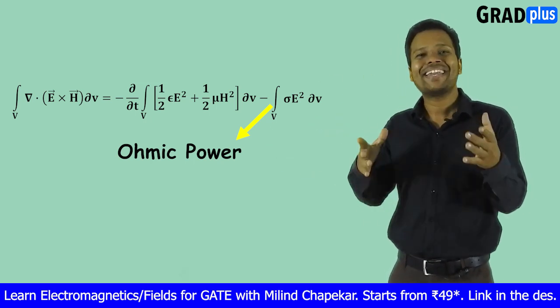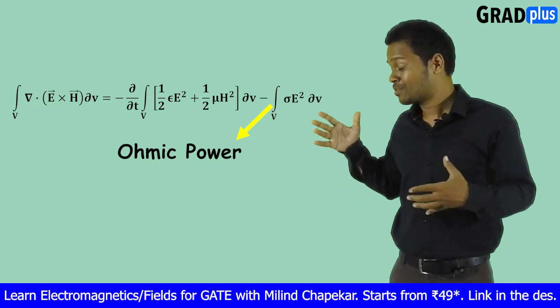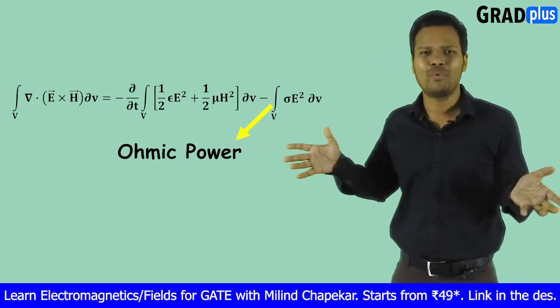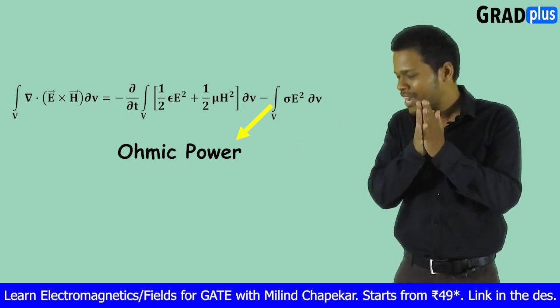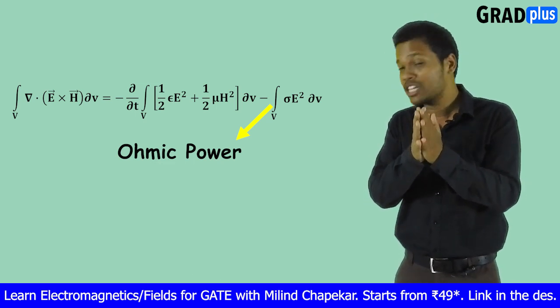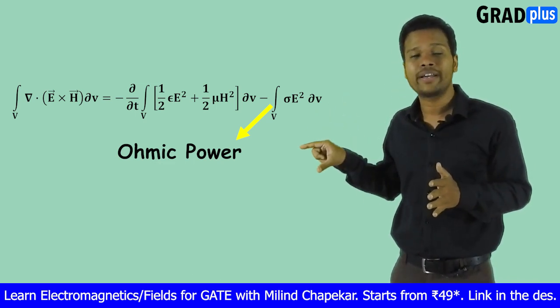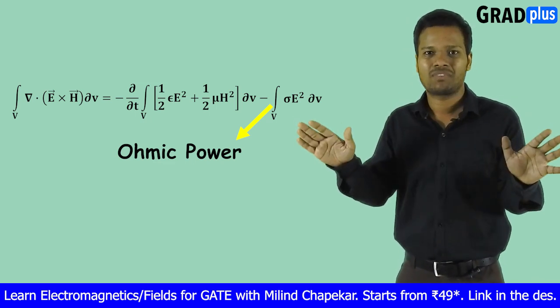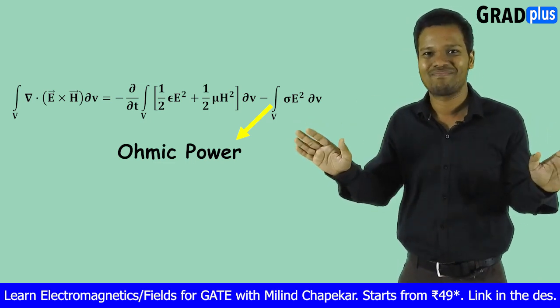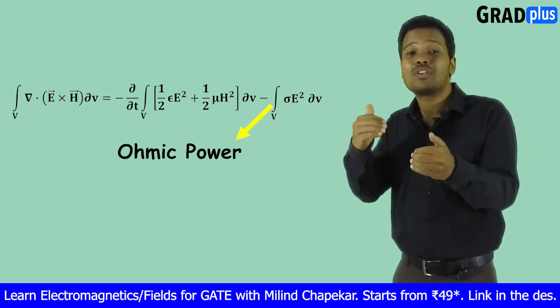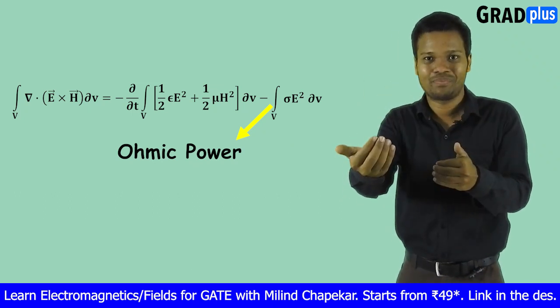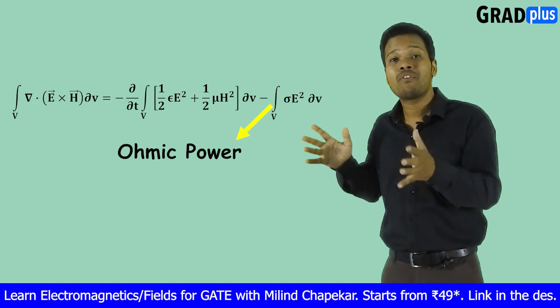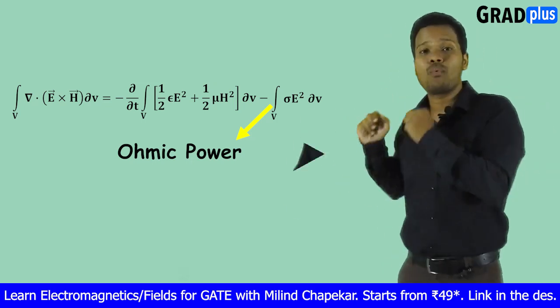I can explain this concept in multiple ways, but I'm going to explain why this is called Ohmic power in a very simple way, by comparing it with your electrical knowledge. So let's see why it is called Ohmic power.